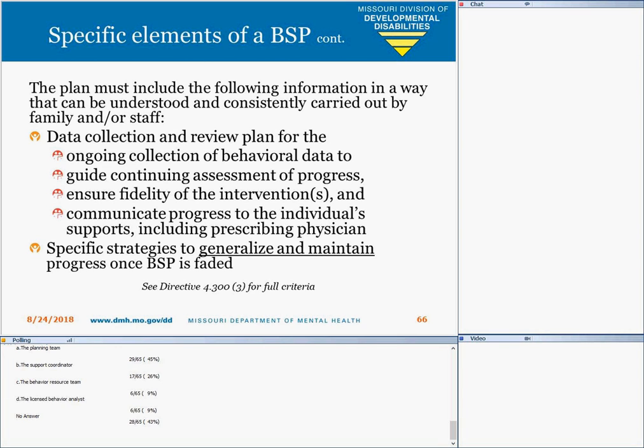So that data collection part is both the behaviors for the individual and fidelity of implementation. So is it working and are people doing it as you designed. Those are two different kinds of data that need to be collected. And the plan should specify strategies to generalize and maintain the progress once the behavior support plan and behavior services are faded.